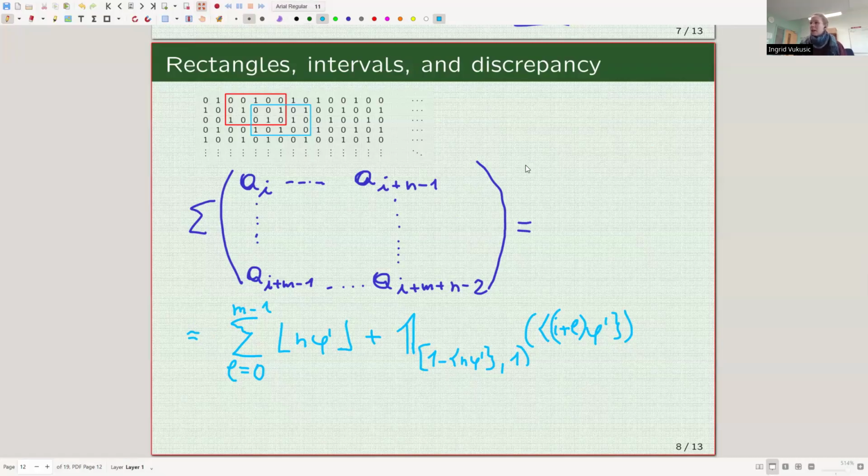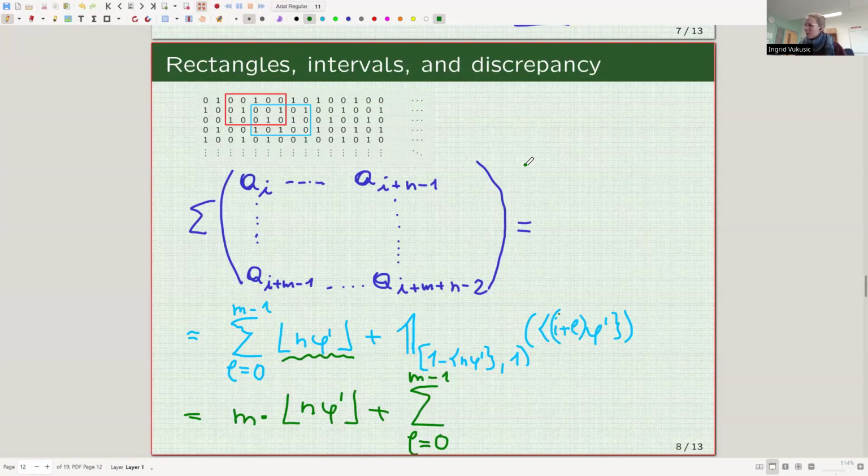Let's just simplify it one more time. We can see that this term here does not depend on l, so we can pull it out, and we get just m times floor of n phi prime. And then we get this sum, and we count points in certain intervals. I'm just going to rewrite one thing: the point that we're looking at is shifted to the right by i phi prime, but instead we can also shift the interval to the left by i phi prime.